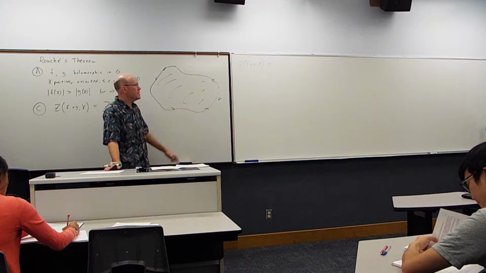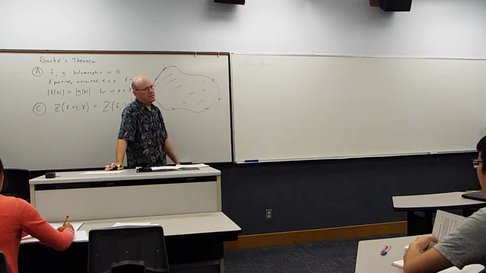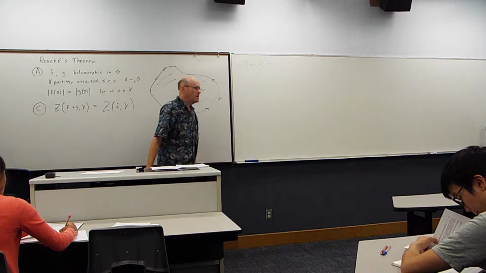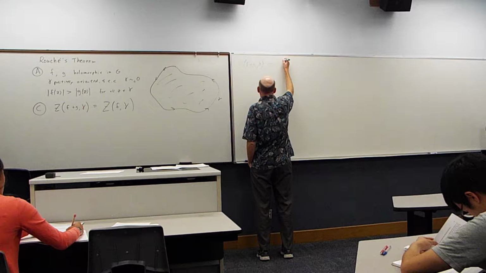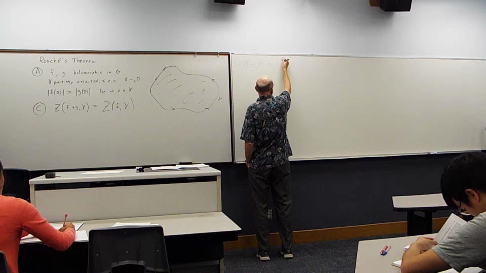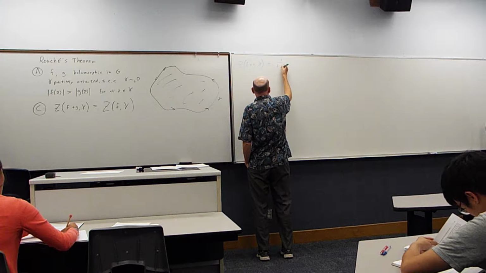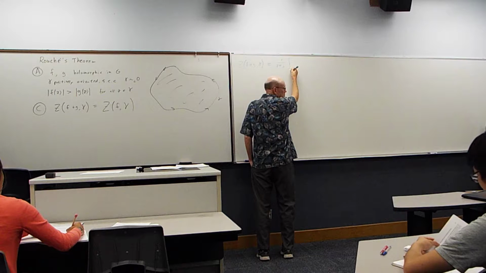Since this doesn't have any poles, this is equal to the number of zeros, which is 1 over 2 pi i times the integral over gamma.